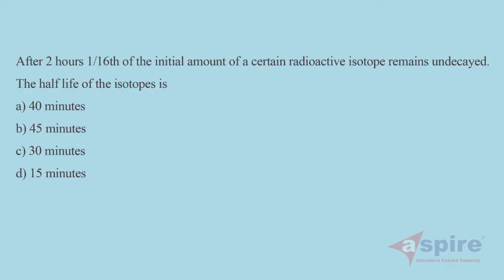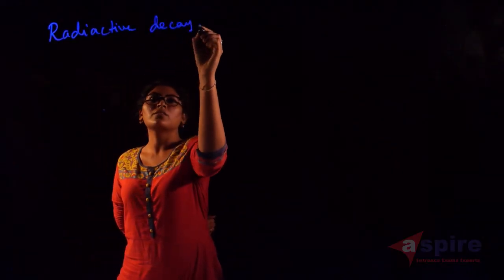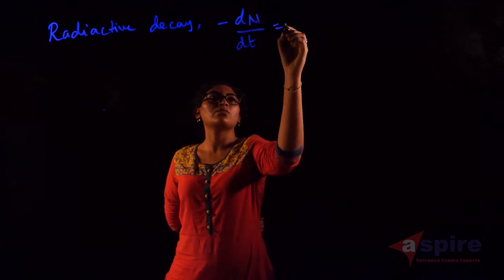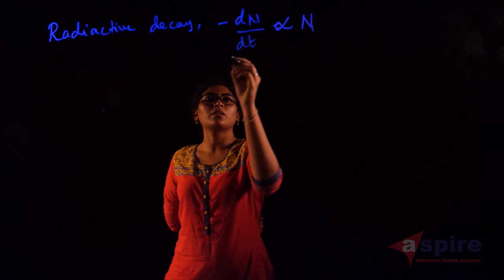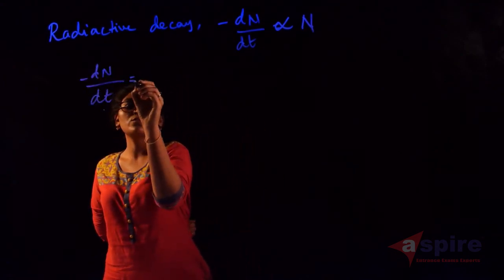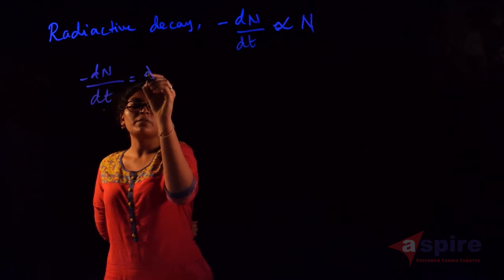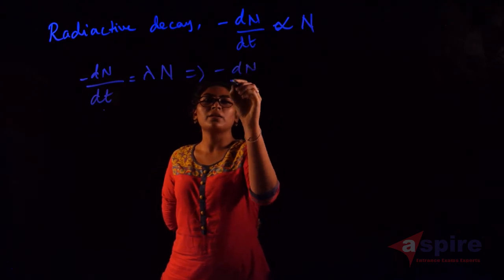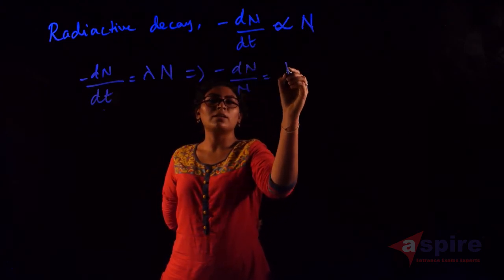After 2 hours, 1/16th of the initial amount of a certain radioactive isotope remains undecayed. What is the half-life of the isotope? Radioactive decay: we know that minus dN by dt is proportional to N. Minus dN by dt is equal to lambda N, or minus dN by N is equal to lambda dt.